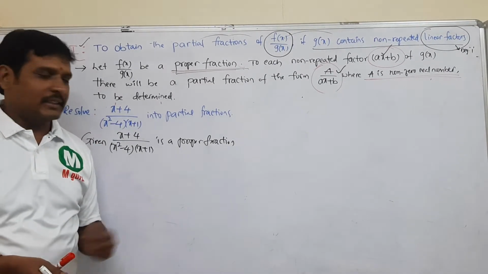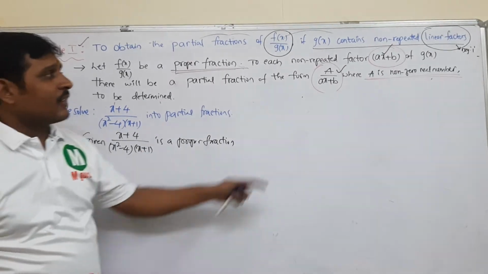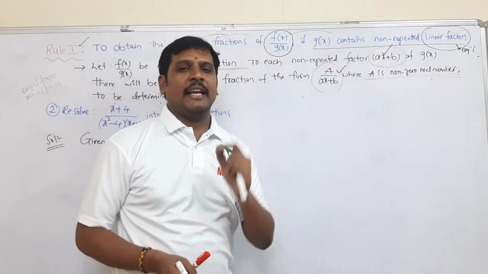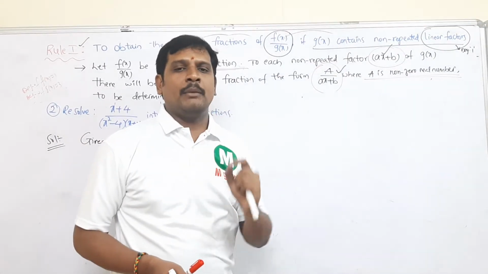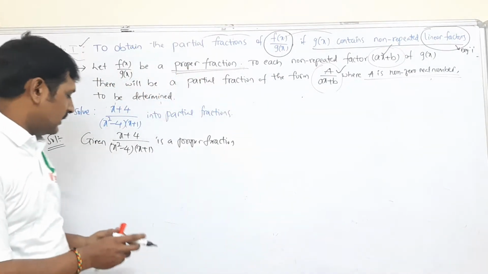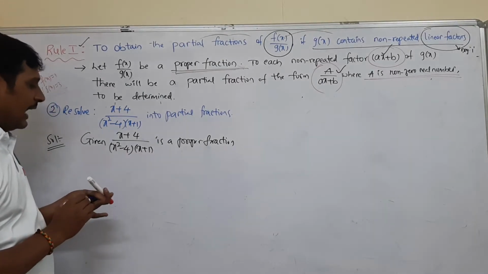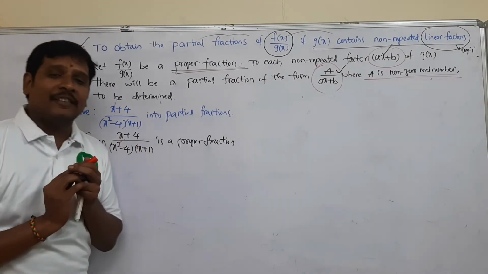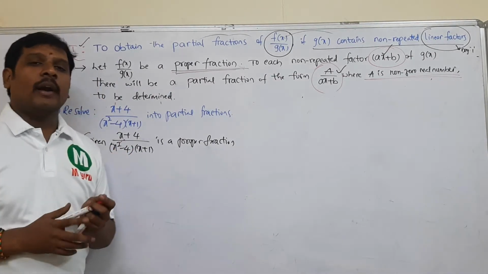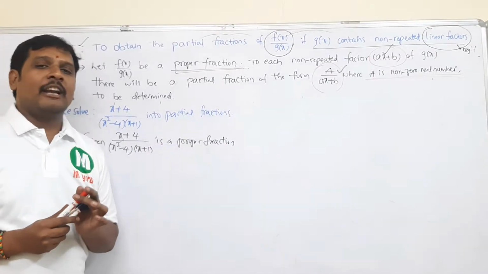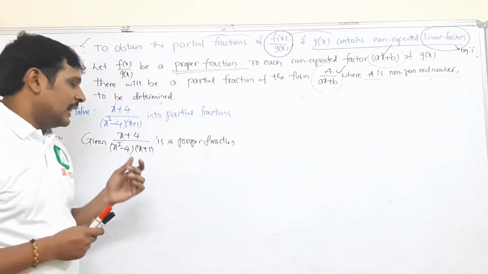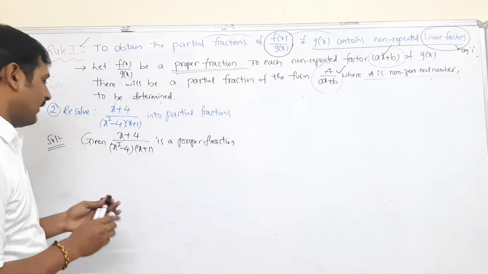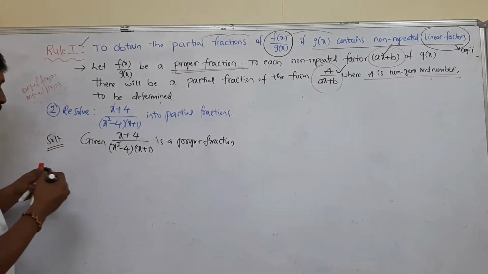Once after finding this proper fraction, next, for each non-repeated factor ax plus b. What did I say, ax plus b? Ax plus b means linear factor, but here we have a degree 2, right? So which is not a linear factor, which is called a quadratic factor. I said reducible and irreducible. Let us verify whether this can be written as reducible or not. See, x square minus 4.